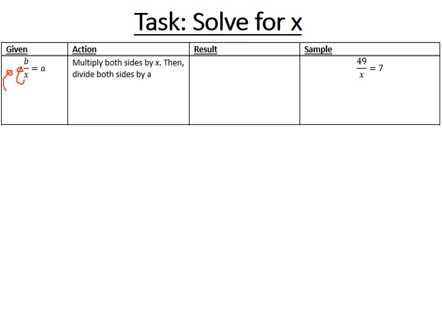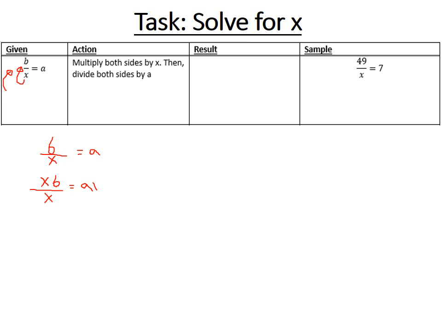And so the best way to get x on top is to multiply both sides by x. So if I have b over x is equal to a, I'm going to multiply both sides by x, and you'll see what's going to happen here. So I'm going to have x, b, so when I multiply by x and make sure the b is on top of the line here, xb over x is equal to ax.